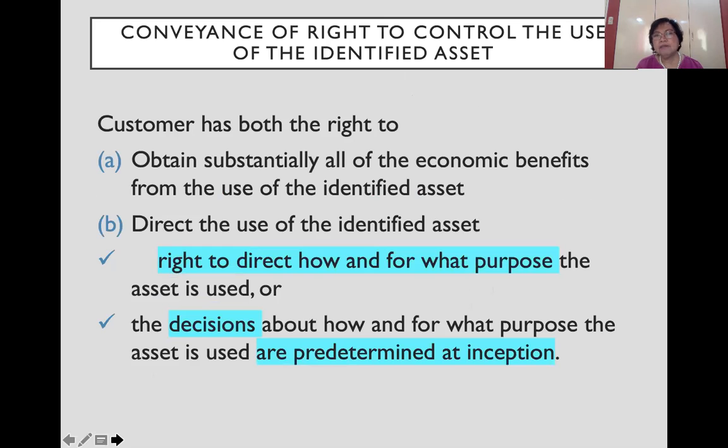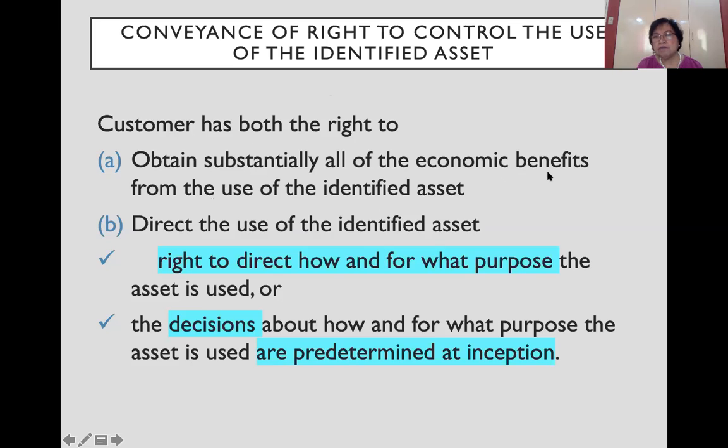The second element is the conveyance of right to whom? This is conveyance of right to the customer to control the use of the identified asset. Therefore, the customer receives the right to control the use of the identified asset if the customer obtains substantially all of the economic benefits from the use of the identified asset.